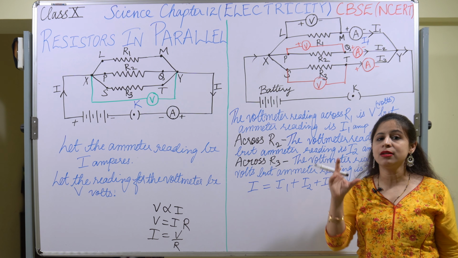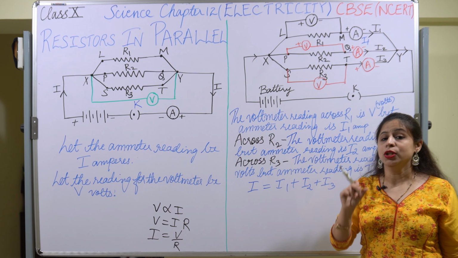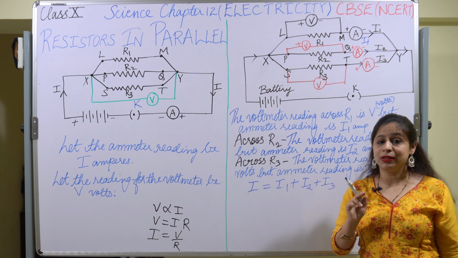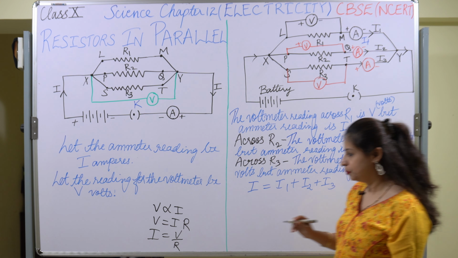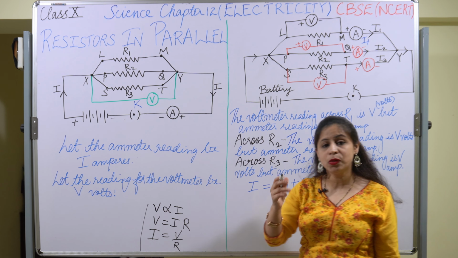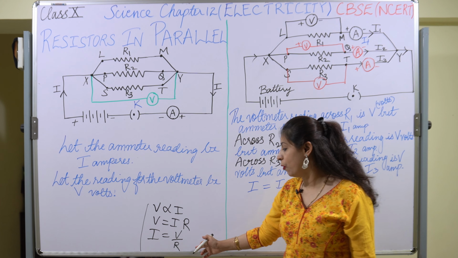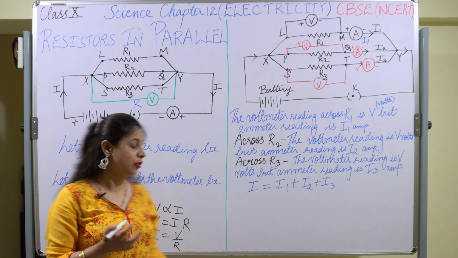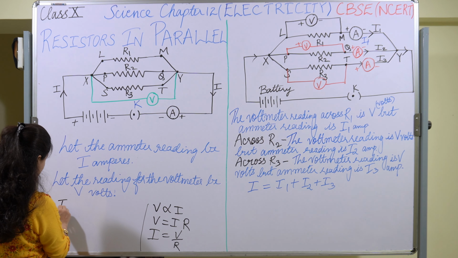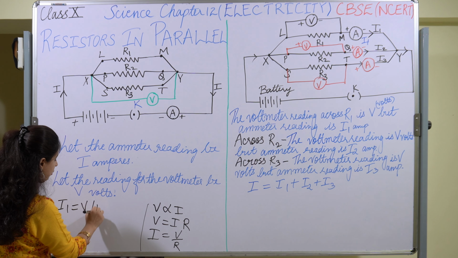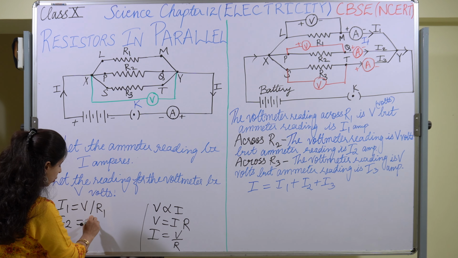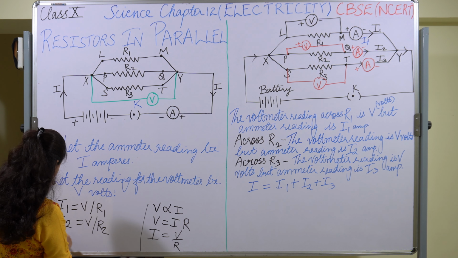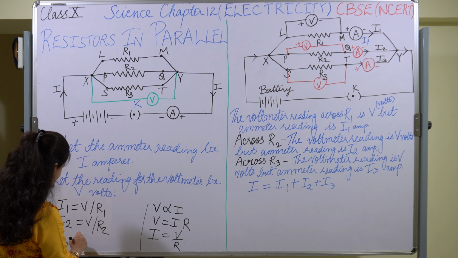For the resistor R1, the voltage is the same V, but I1 changes. So I1 will be equal to V upon R1.